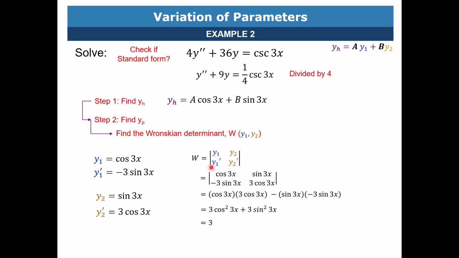So just substitute the values of y1, y1 prime, y2, y2 prime. y1 can be easily obtained from the general solution here, cos 3x, and for y1 prime, just differentiate this y1. y2 can be obtained from the yh, and again, for y2 prime, just differentiate the equation of y2. Substitute it into the matrix, find the determinant of W using ad minus bc, then you will get this equation of the final answer of 3.